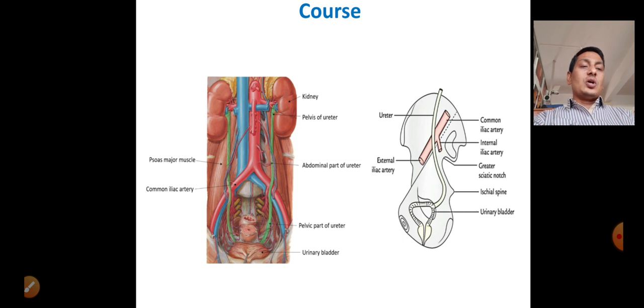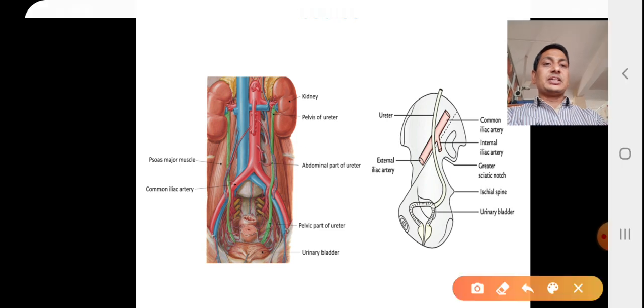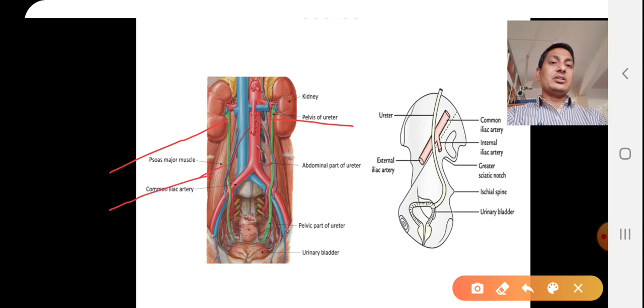Now, the course of the ureter. It begins in the renal sinus as a funnel-shaped dilatation, that is the renal pelvis, and the renal pelvis is continuous with the ureter. It passes downward, slightly medially, on the psoas major muscle.